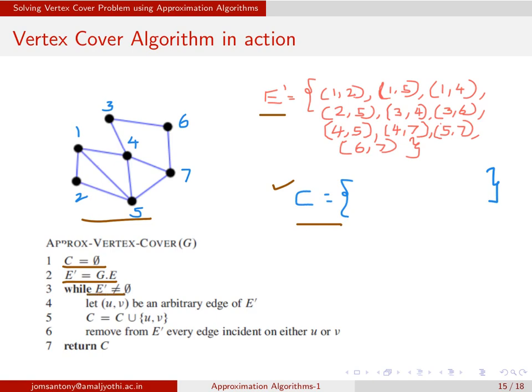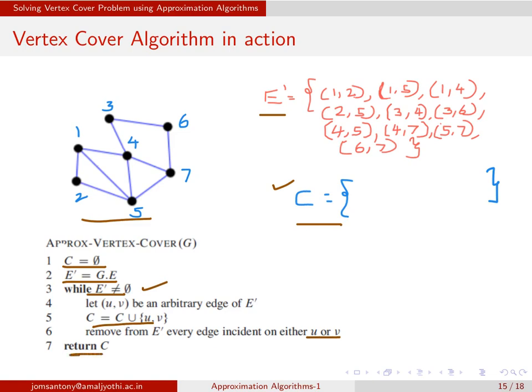If it is not null, then we will choose an arbitrary edge uv from the set of edges and add it to our solution set. And after adding it to our solution set, then we will remove every edge incident on either u or v from our edge set. And this will be continued until the set of edges becomes null. And finally, we will return C.